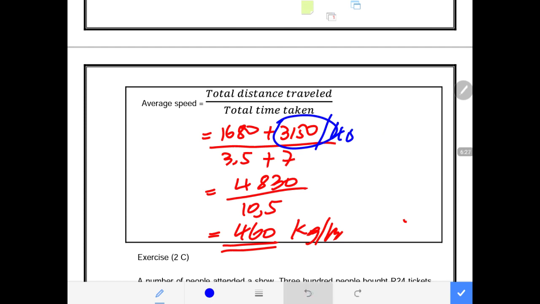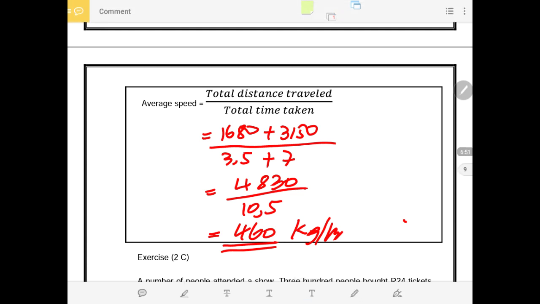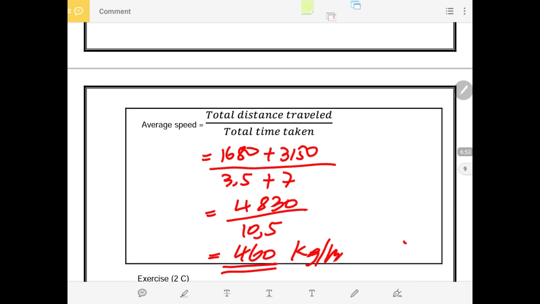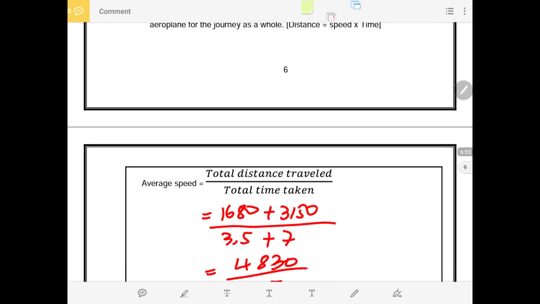In the first one we were given the time, 3.5, and the speed of 480, so we needed to find the distance. You will to some extent be required to calculate something in any form of an average, but this one was very simple and very close to what we did previously.